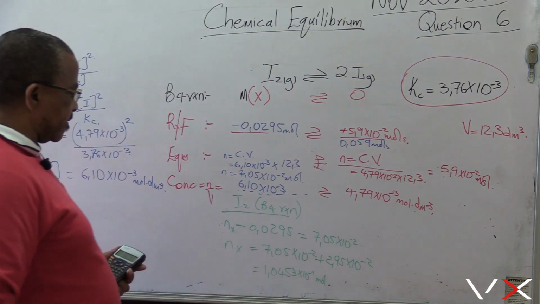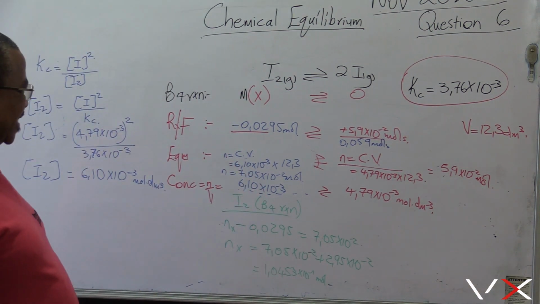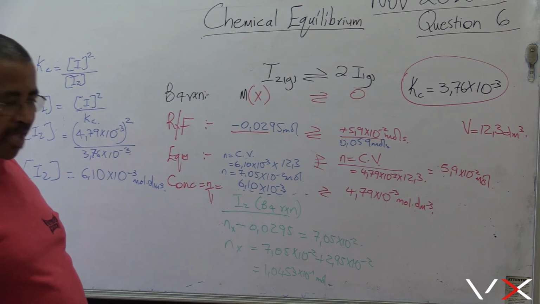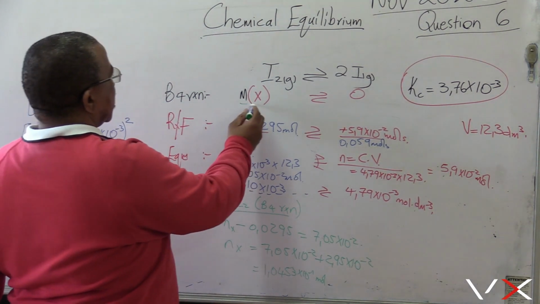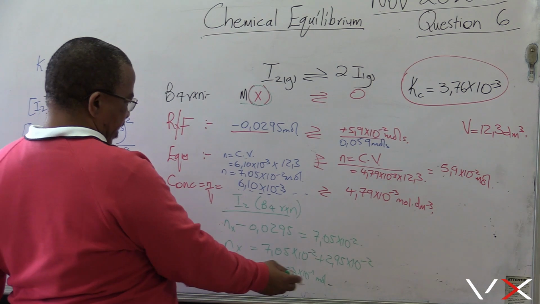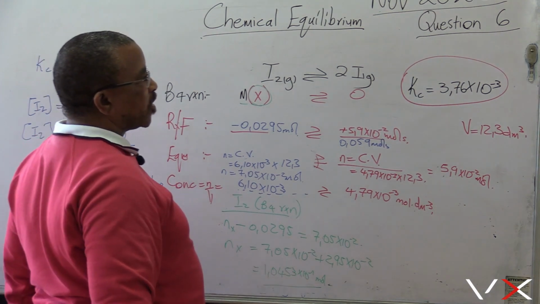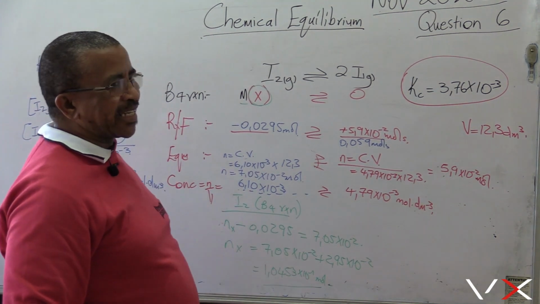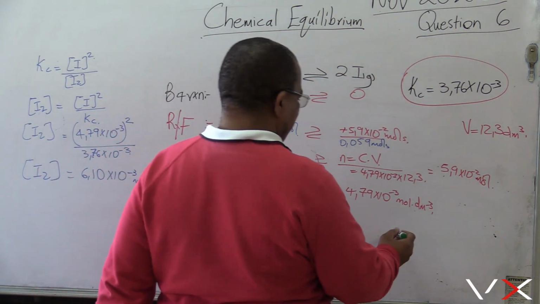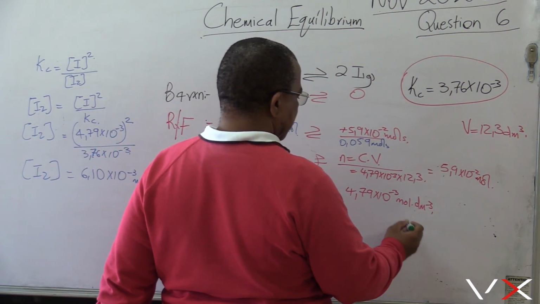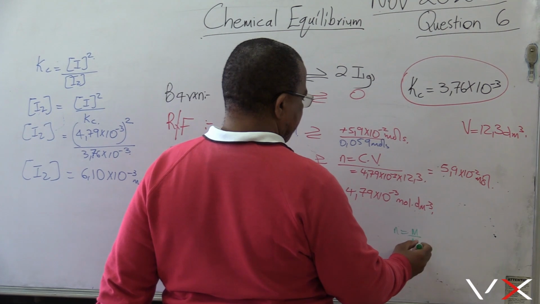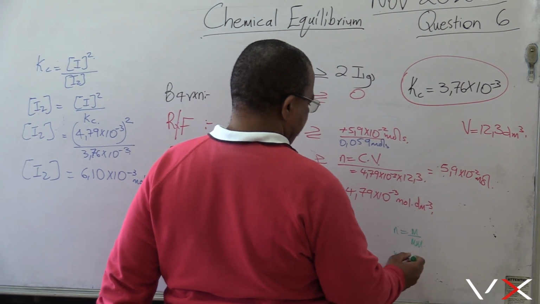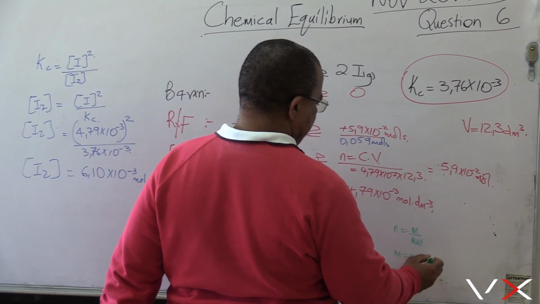The question asks for the mass. Number of moles is mass over molar mass, so mass is number of moles times molar mass.